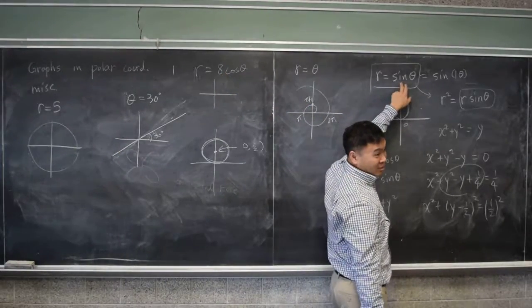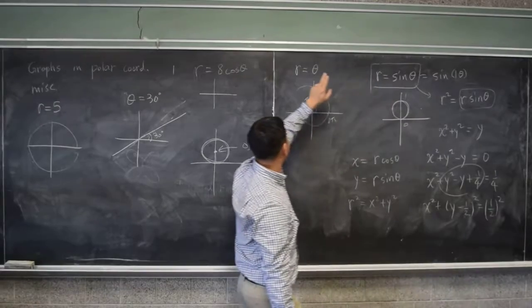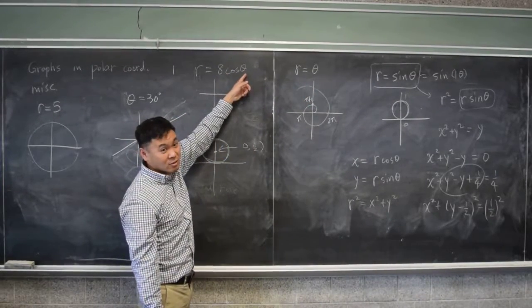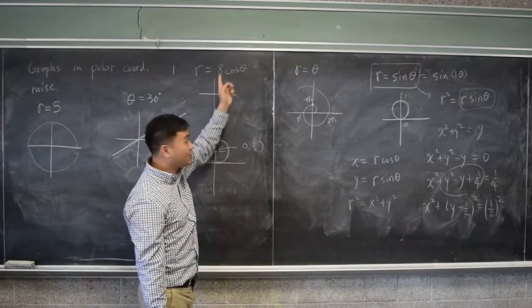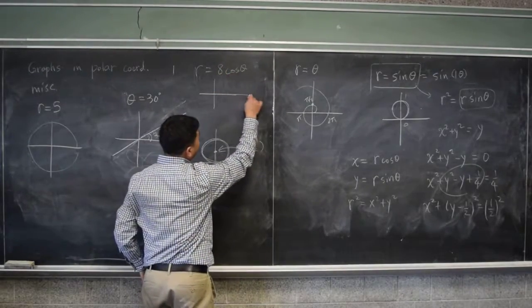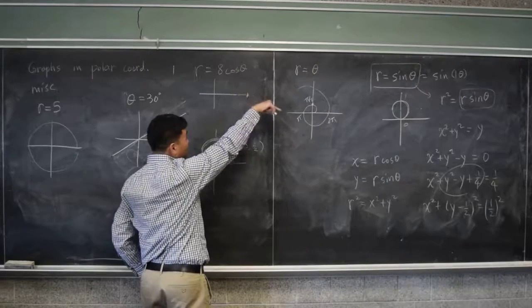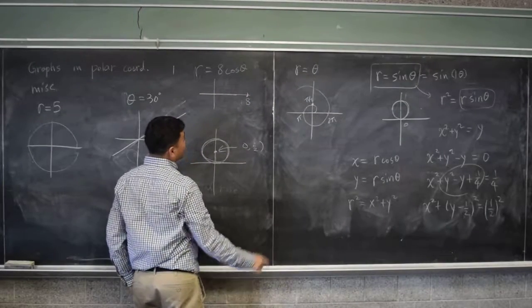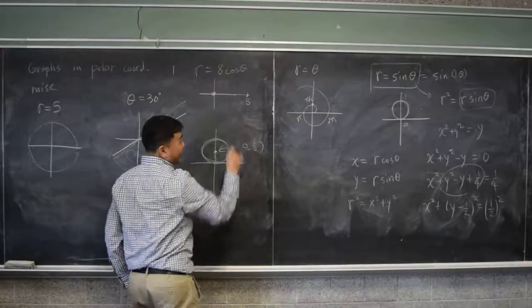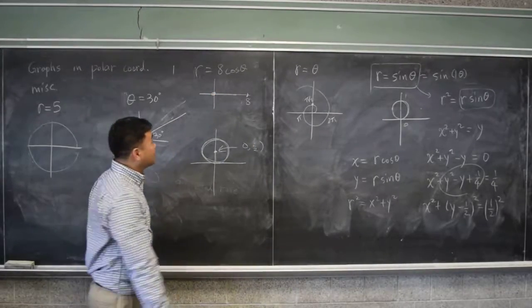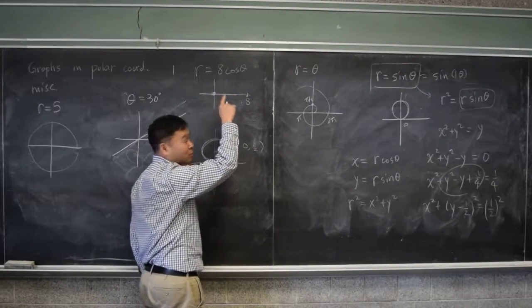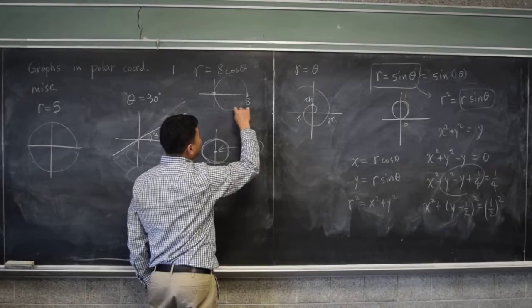See, this had radius 1/2. So this must have radius 4. Okay? Now, if you plug in 0, what do you get? You get 8. Right? So I know that at the 0 ray, it has to pass through this 8. And I know that it has to also pass through the origin. And since 8 is the maximum, and you know that it's a rose with 1 petal, I know that it must be this circle.